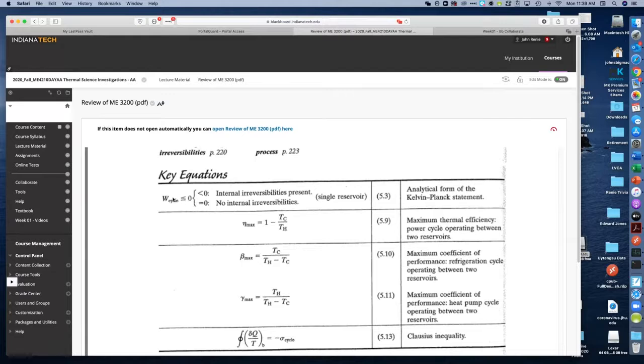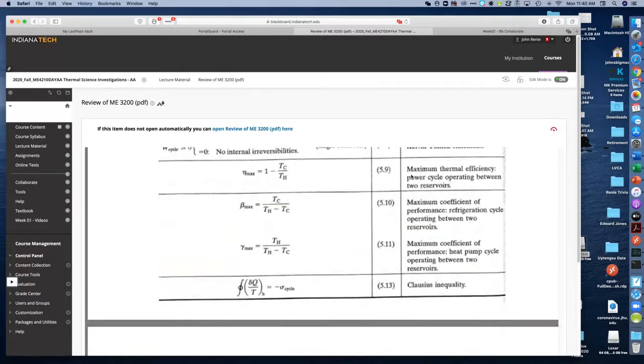And what that implies is, if it's the less-than term, we basically say that internal irreversibilities are present. If the work of the cycle is equal to 0, then in essence it's saying that there are no internal irreversibilities occurring for a cycle communicating with a single reservoir.